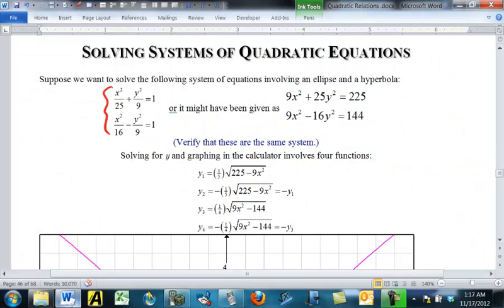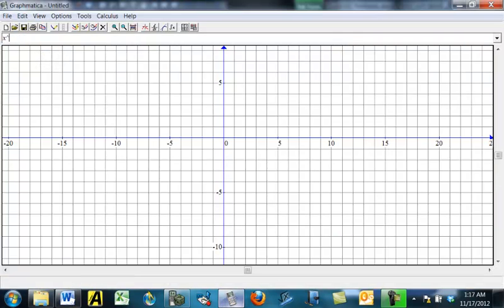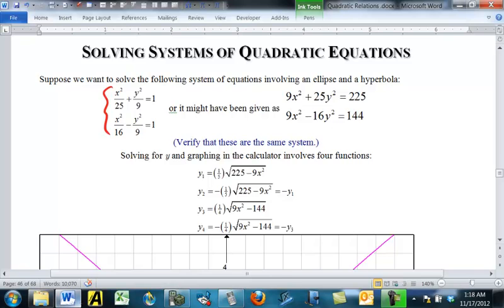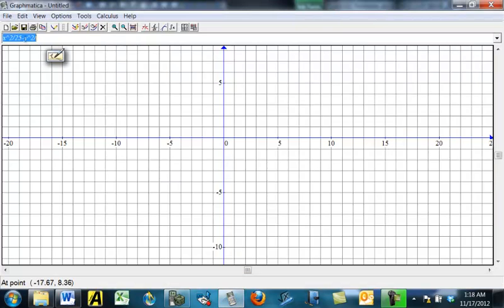x squared over 25 plus y squared over 9 equals 1.